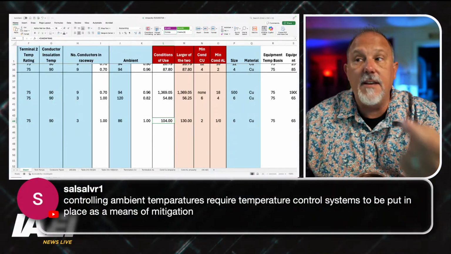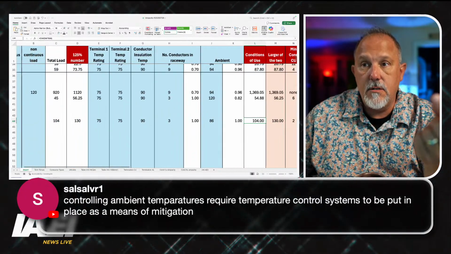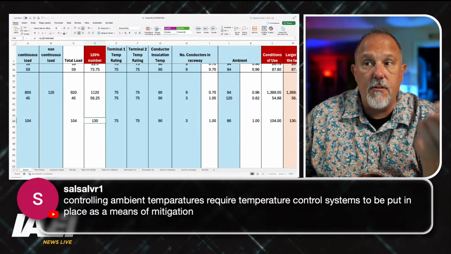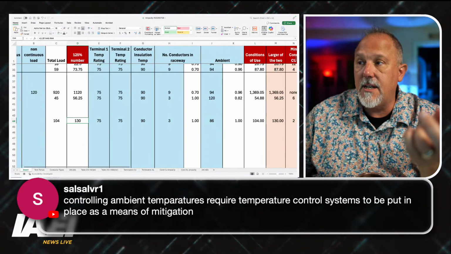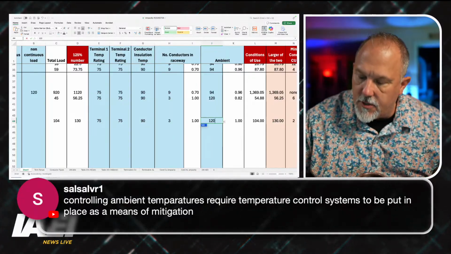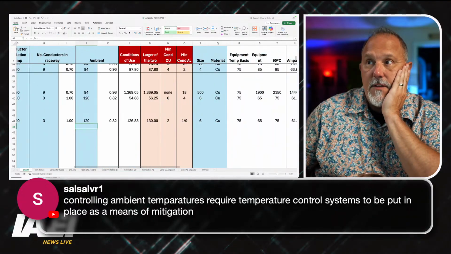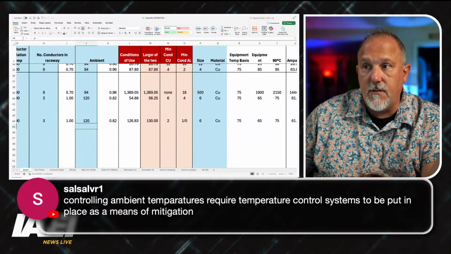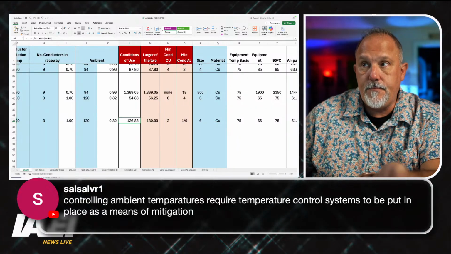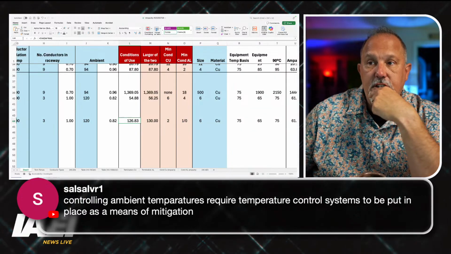That's my ampacity of the conductor. The 1.25 times 104 is 130. Now, if I throw this in a high ambient, somebody said I can have as high as 120 degrees Fahrenheit. Now, my ampacity of the conductor, which is based on conditions of use, is 126.83. And that's because I changed the ambient.